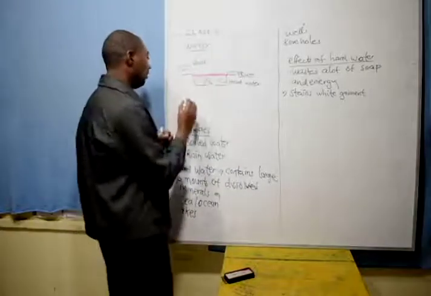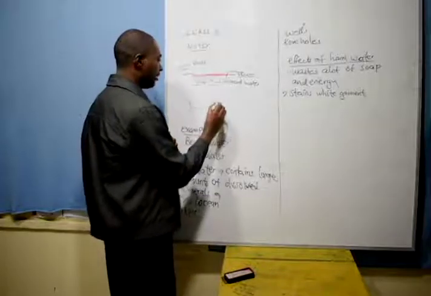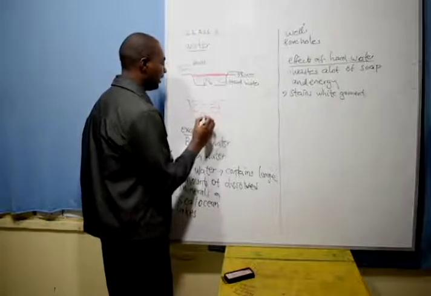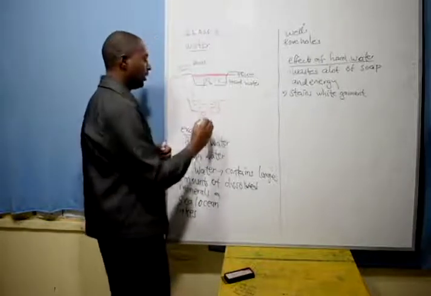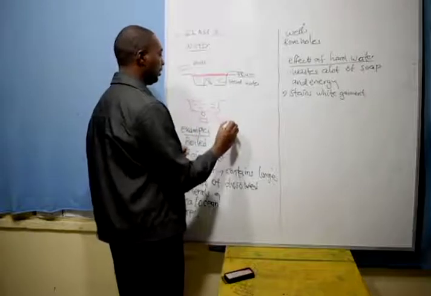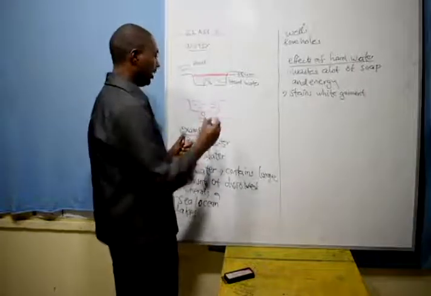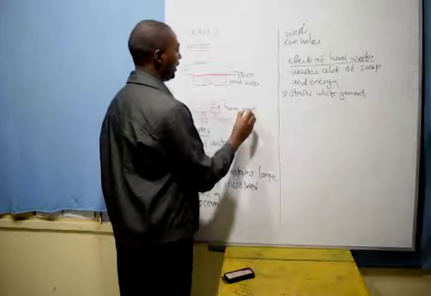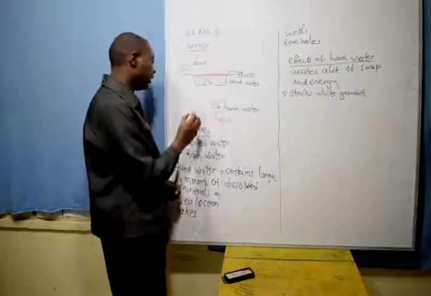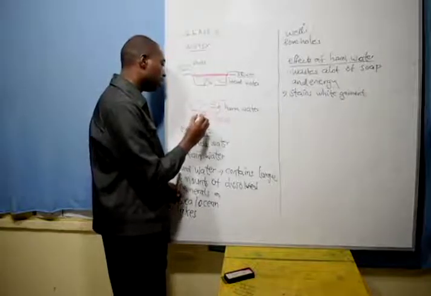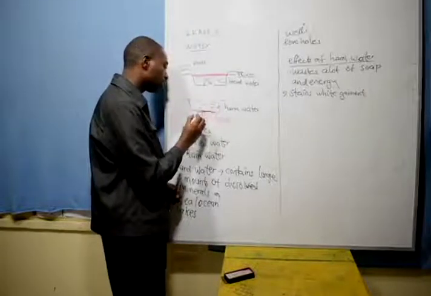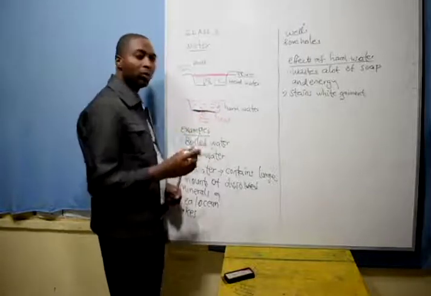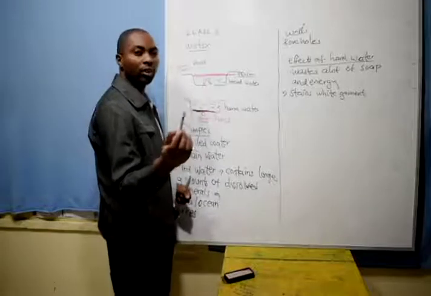The other thing, if you happen to have another sufuria here, then you put hard water and heat for quite some time. This is heat. And this is hard water. What happens is that after all the water has boiled, you realize that there will be a compound that is brownish also, that will remain here. Remember that when water evaporates, the mineral salts do not evaporate.